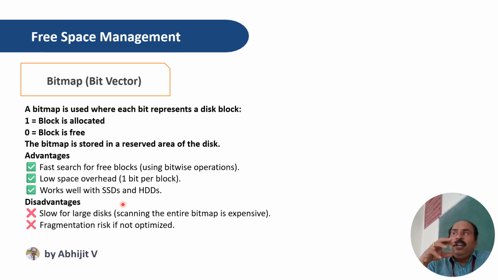In reality, you can understand how these allocation methods work only if you are very familiar with the differences between the different types of memory used in your operating system. The disadvantage of this bitmap is that it is slow for large disks. As the memory space increases, naturally it becomes very difficult. There is also a fragmentation risk if not optimized.